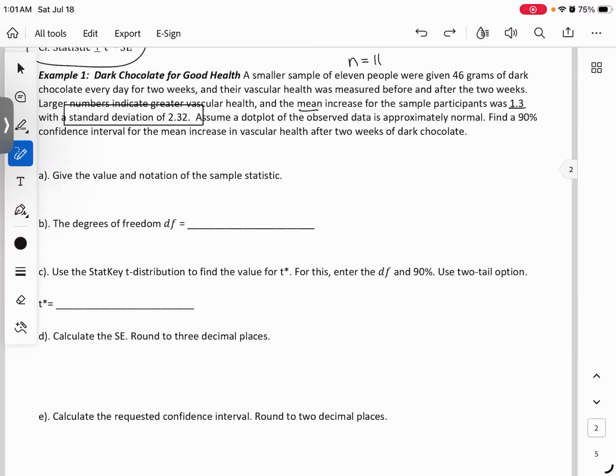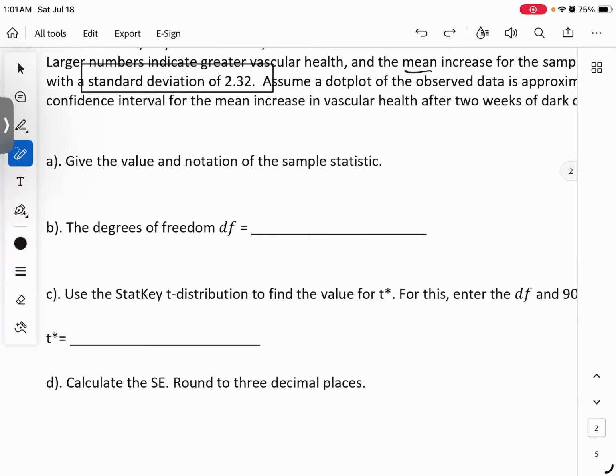So the statistic, again, remember statistics are based on what was found from the sample, and that was that the mean increase was 1.3. The degrees of freedom would be 10 because we take the sample size minus 1.